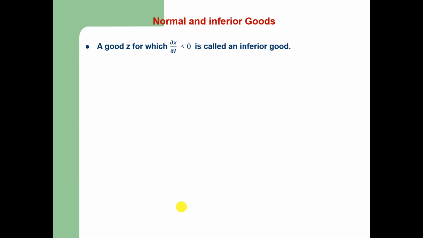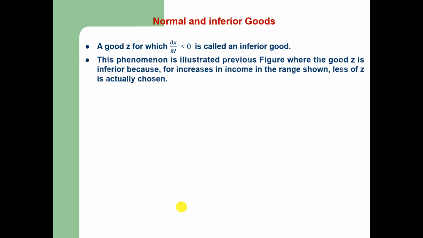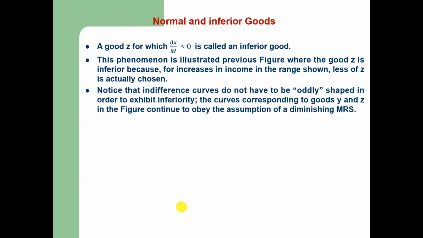So we may define a good Z for which the partial derivative with respect to income is negative, then good Z is called an inferior good. This phenomenon was illustrated in the previous figure, where good Z is inferior because for increases in income in the range shown, less quantity of Z is actually purchased. And we may note that indifference curves do not have to be oddly shaped in order to exhibit inferiority.